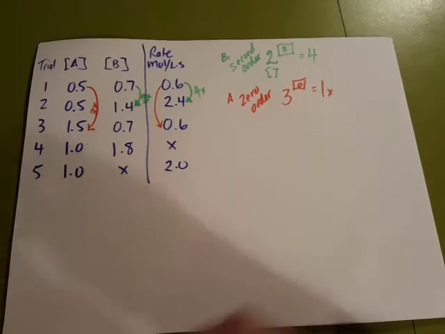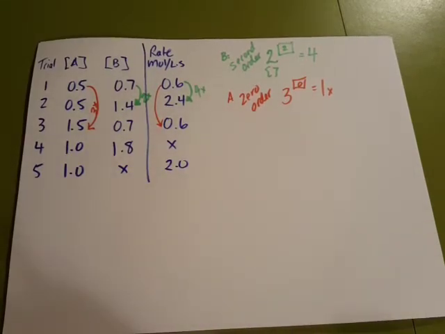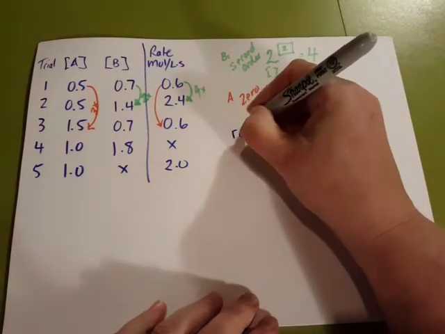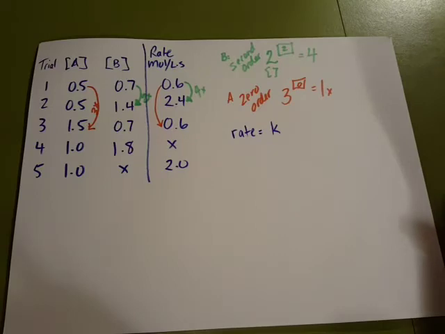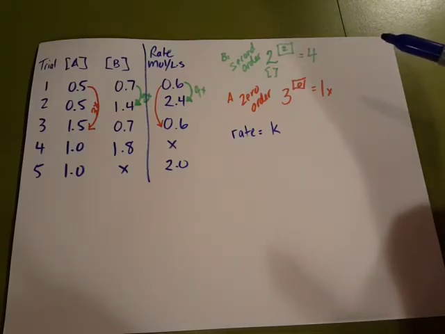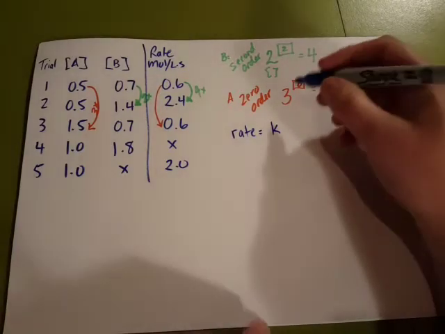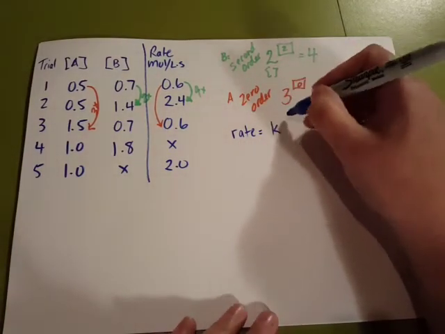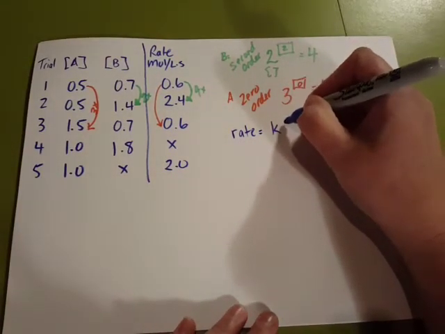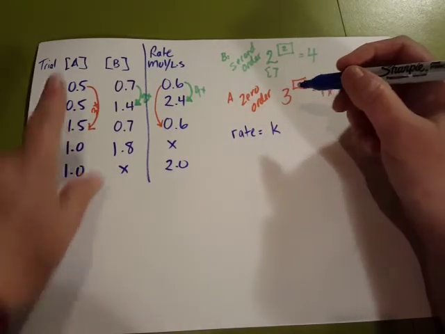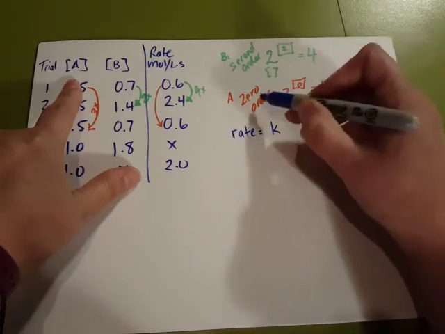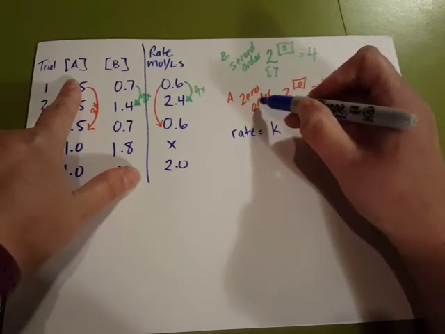Now, we're going to write out this rate law. Rate is going to be equal to K, and that K is going to be our constant. It's going to be specific to our reaction and specific to temperature. And then A, well, because it's a 0 order reactant, we don't show it.